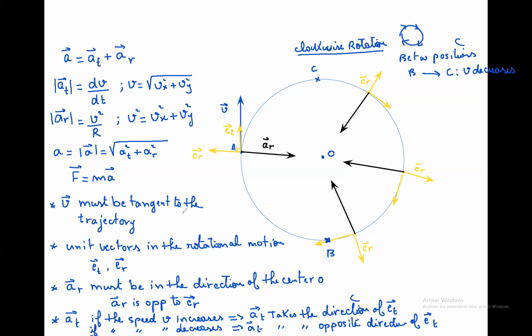When, as we said here, look here. If the speed decreases, so AT takes the opposite direction of ET.